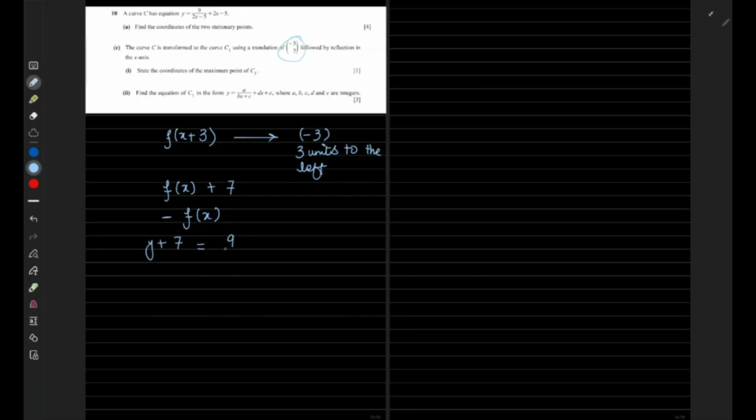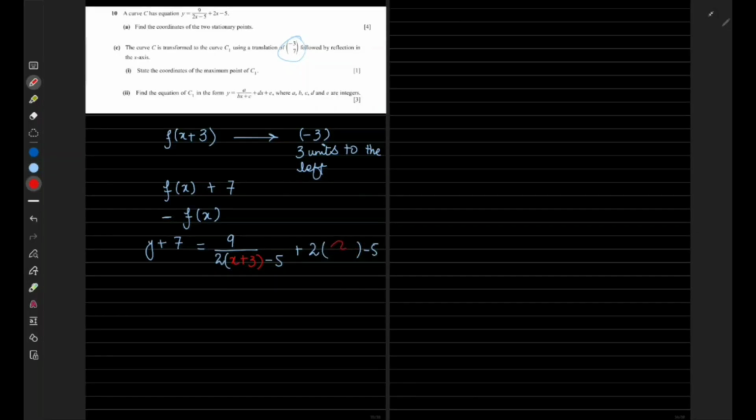This will become 9 over 2 times, in place of x, we will be writing x plus 3, minus 5, plus 2x minus 5.